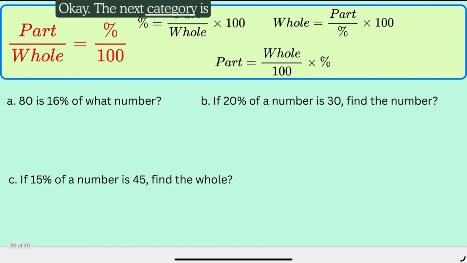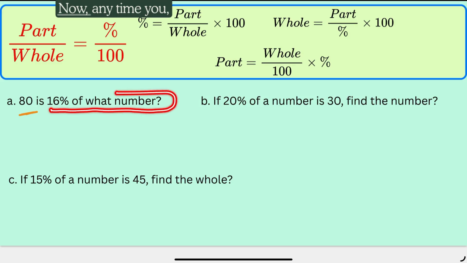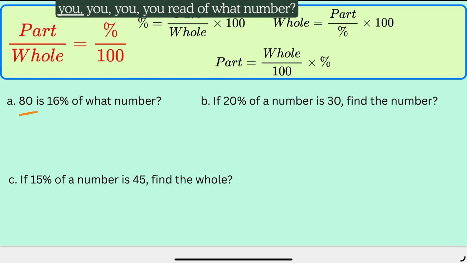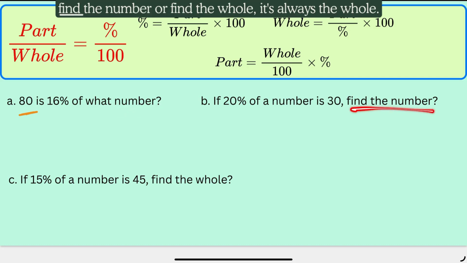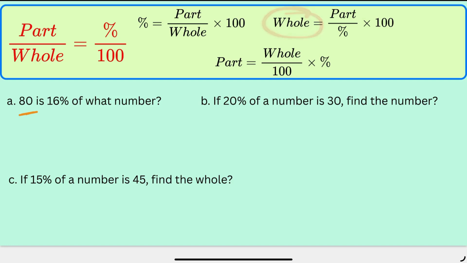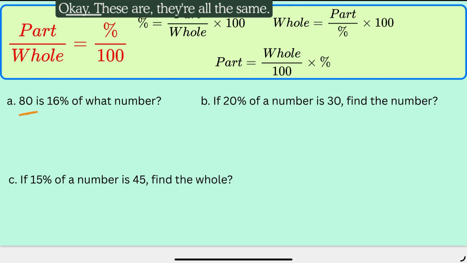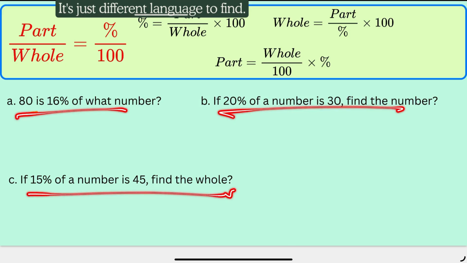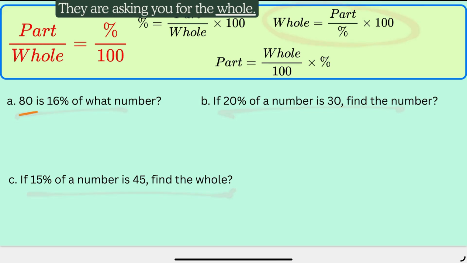Okay? The next category says 80 is 16% of what number? Now, anytime you read "of what number," or "find the number," or "find the whole," it's always the whole. These are all the same, it's just different language. To find, they are asking you for the whole.